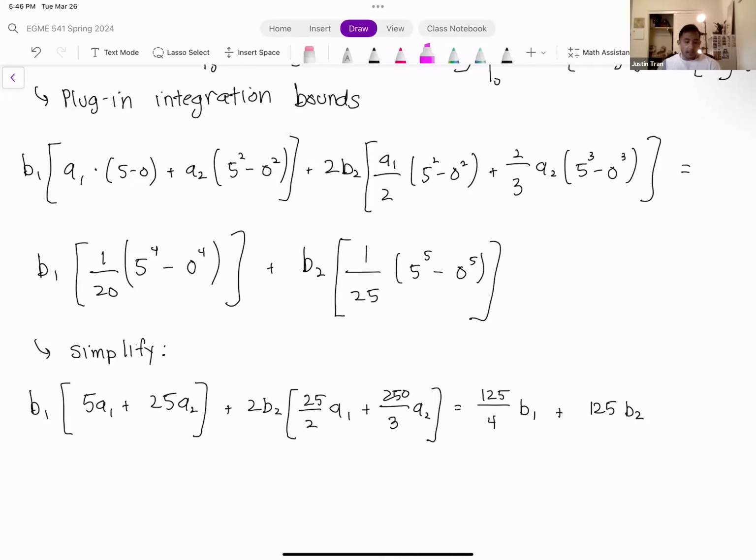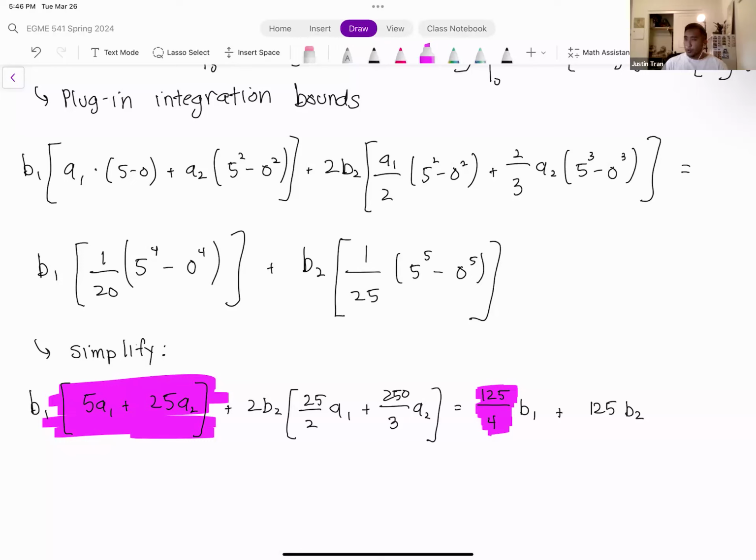Well, let's look at these terms, and you'll see why I grouped these terms the way that I did. So let me highlight this term in purple right here, and let me highlight this one right here as well. If you look at those two terms, everything that I've highlighted in purple there is multiplied by B1.